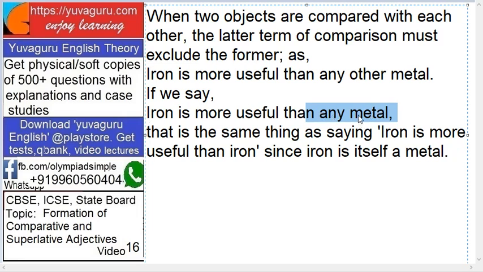Iron is also a metal. That is saying iron is more useful than iron, because any metal means iron also comes in that. So that will be wrong. So what we say, any other metal. Because iron is itself a metal, you can't say iron is better than iron. So that's why we say exclude the former. So we say iron is more useful than any other metal. Okay.